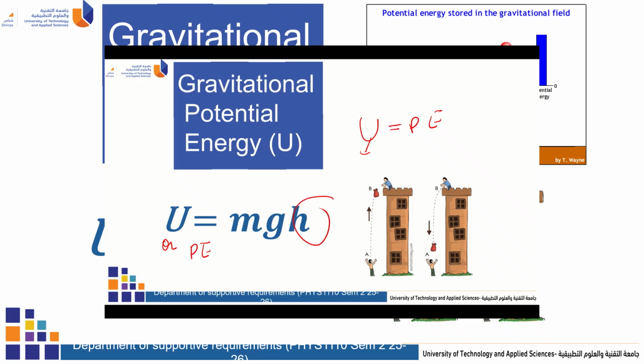The formula for gravitational potential energy is the mass of the object in kilogram, times the acceleration due to gravity, which has a fixed value 9.8, times the height from the ground. Like in this example, the object is on the top of the building, so it has some height from here to here.